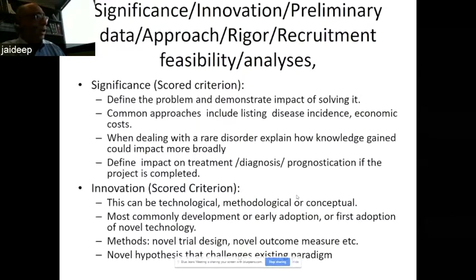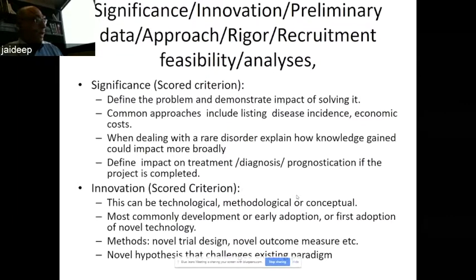But your innovation can be technological, methodological, or even conceptual. A conceptual advance is also innovative. So if you're going to use a newly developed technology, or you're first adopting a technology, that's a technological innovation.